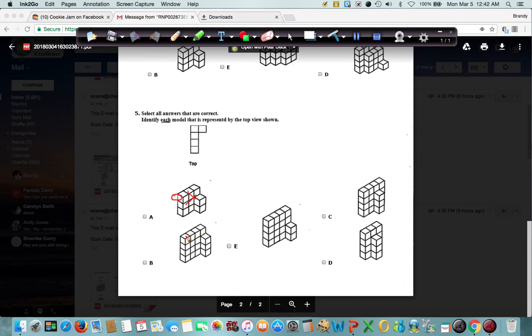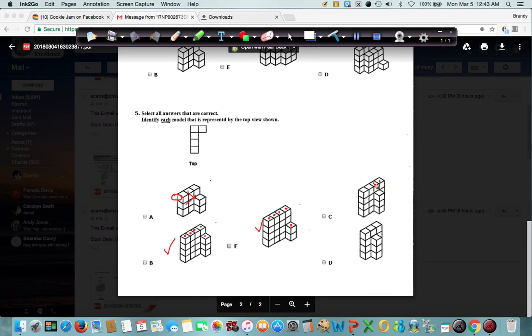1, 2, 3, 4. 1, 2, 3, 4, and 1 at the top. B is good. See, 1, 2, 3, 4, and then it's got 1 at the top. Let's look here. 1, 2, 3, 4, and 1 at the top. All right, that works.